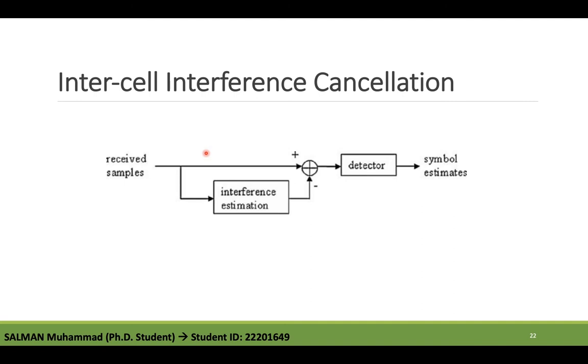And the second approach is called the soft inter-cell interference cancellation, which is based on the use of more reliable soft values provided by the decoding process. This approach requires a significantly higher amount of complexity since a channel decoding step has to be performed for each interferer.